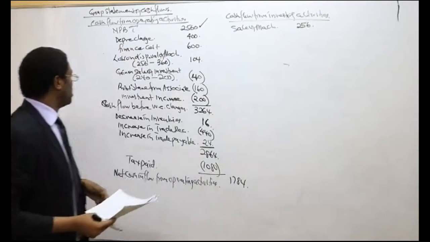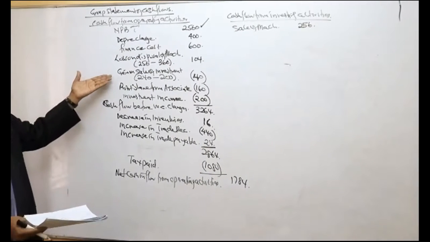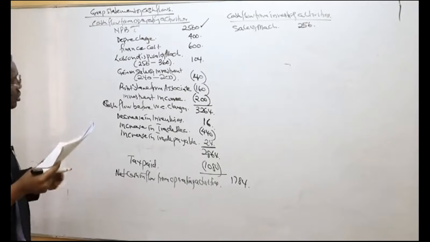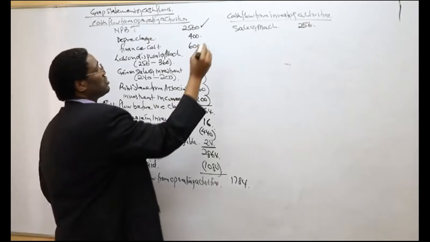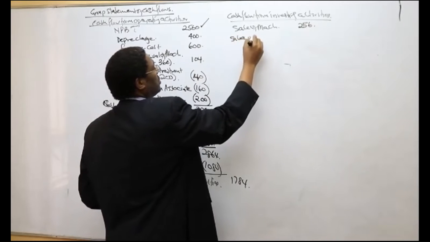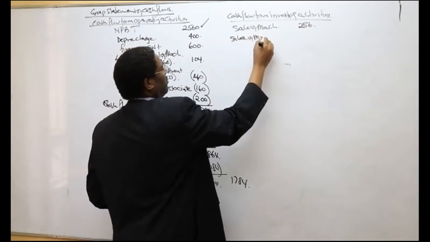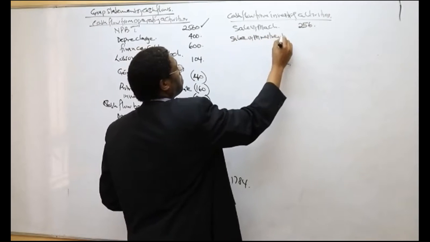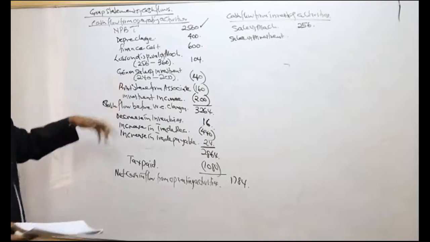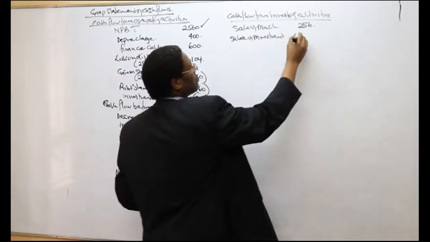Another investing activity, there was a sale of investment, and that was a long-term investment, don't forget. And we were told we sold it for 240 million. That is an inflow.